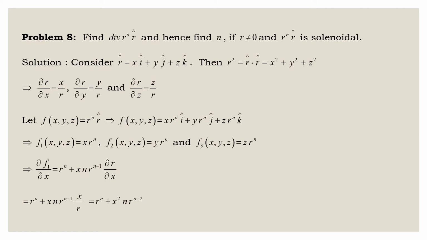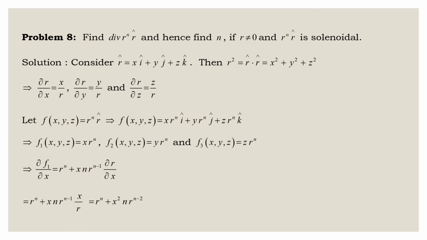So if we find out this r square, it equals (x i cap plus y j cap plus z k cap) dotted with (x i cap plus y j cap plus z k cap) again, which implies r square equals x square plus y square plus z square.